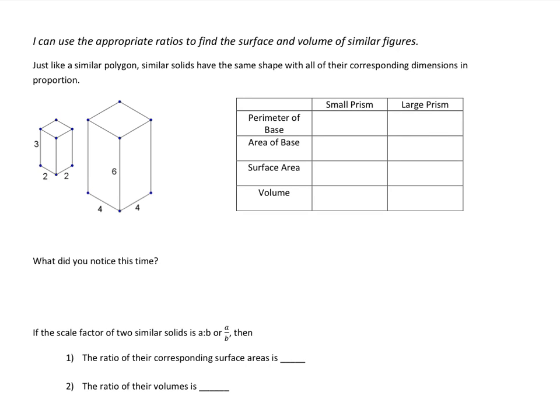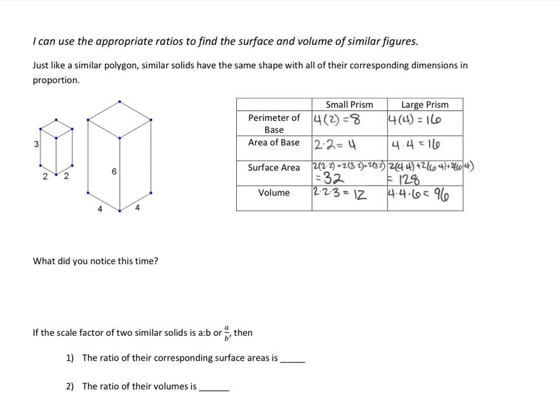We have really similar things when it comes to three-dimensional figures as well. I want you guys again to go through and calculate everything in the table first. So take a minute and do that on your own right now. So when I go through and I fill in my table, I get the perimeters of all my bases, the areas of both the bases, the surface areas of both figures, and the volume of both figures.